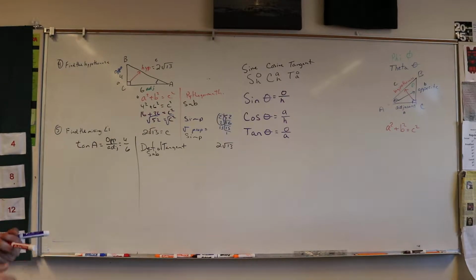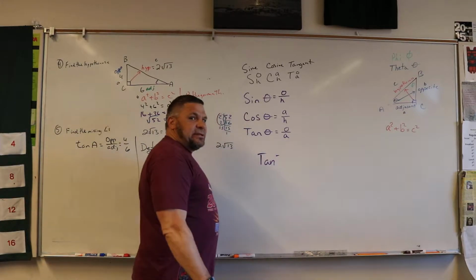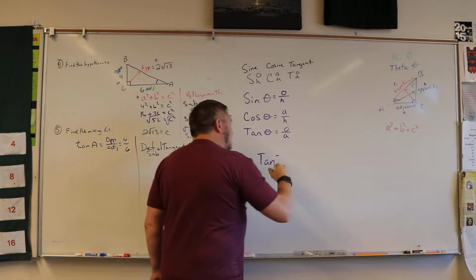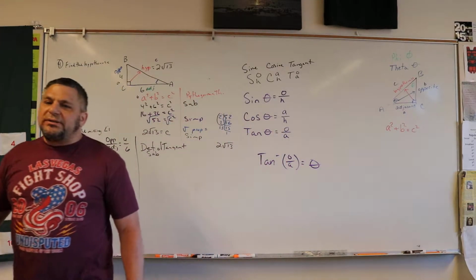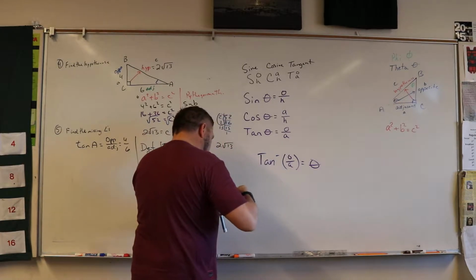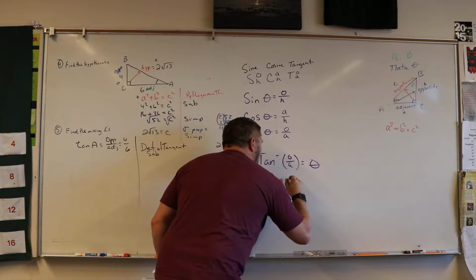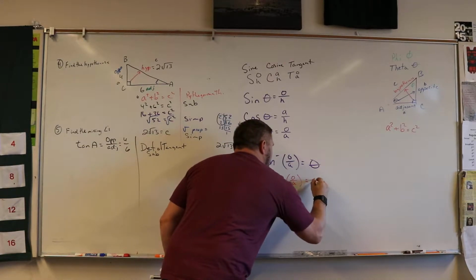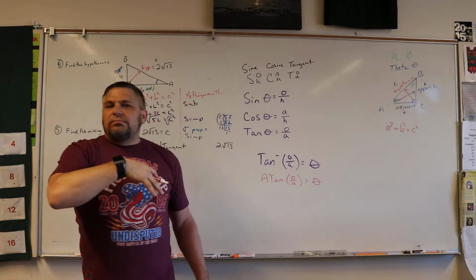The inverse of tangent looks like this: tangent to the negative 1. All it does is, instead of using the angle to find the ratio, we use the ratio to find the angle. In some calculators, this will look like arctan of O over A is equal to theta. Arctan and tangent inverse are the same thing.